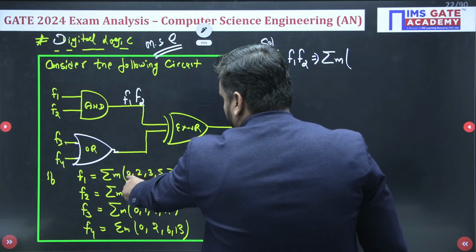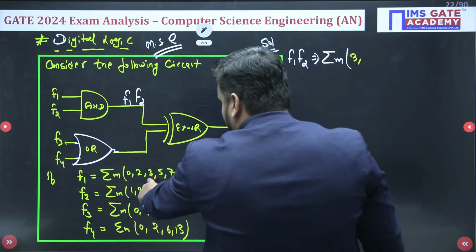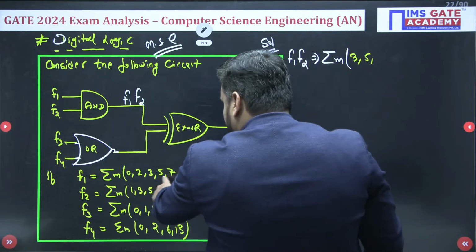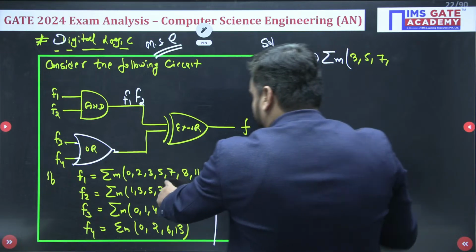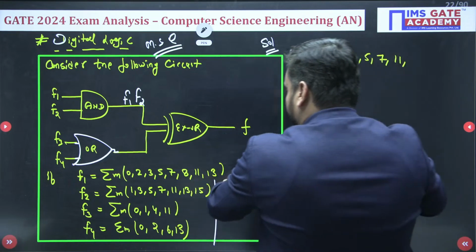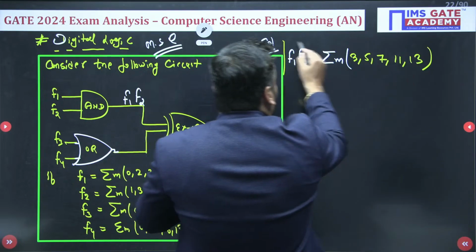Then 5 is again common, so 3, 5, 7 are common. 8 is not common, 11 is again common, and 13 is again common. Just confirm this, guys. Are you getting this or not?